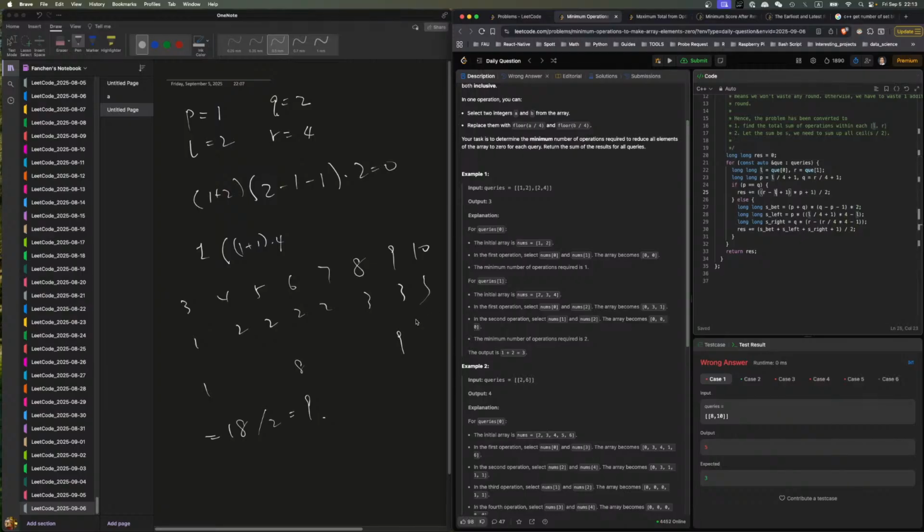So it's 9 divided by 2 is 5. Huh, that's not right. It's not divided by 2.